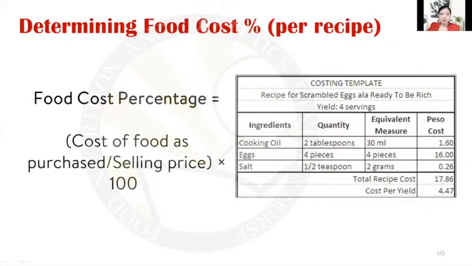We just have to enumerate all of the ingredients, the quantity, and the cost per ingredient, and then the total will give us, for example, 17.86 with a yield of 4. So the cost per yield is 4 pesos and 47 centavos for this recipe of scrambled eggs.